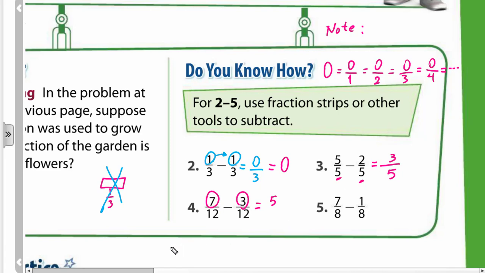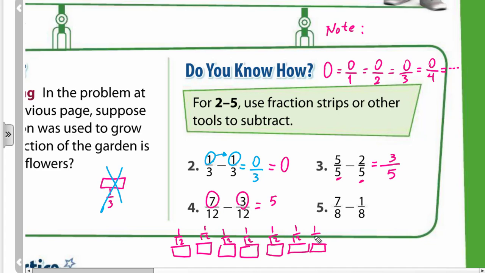Okay, let's use the strips. This is 1/12. This is 1, 2, 3, 4, 5, 6, 7. Okay, they are not the same, but no problem. They are 7, and each one of them is 1/12. And we will cancel how many?